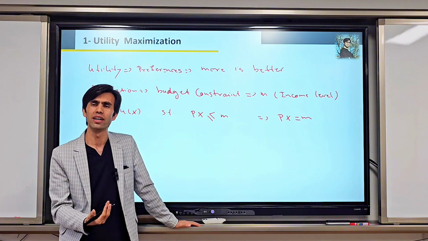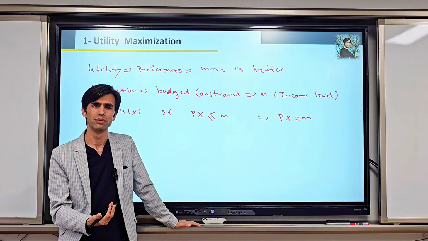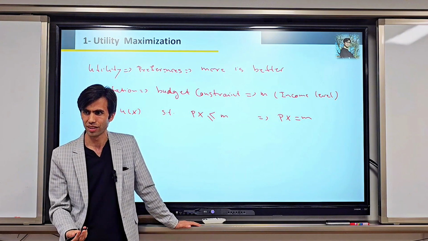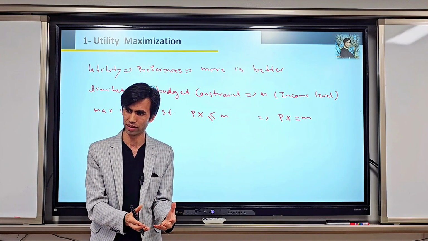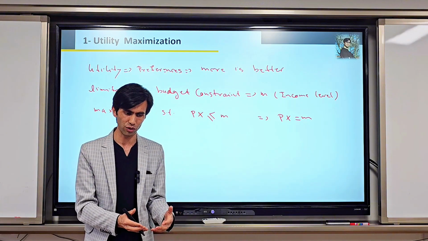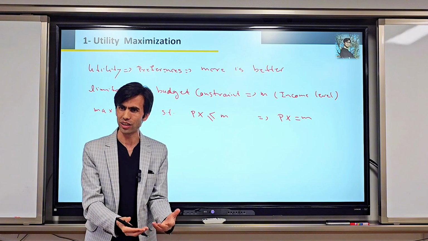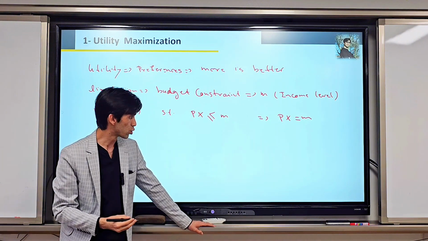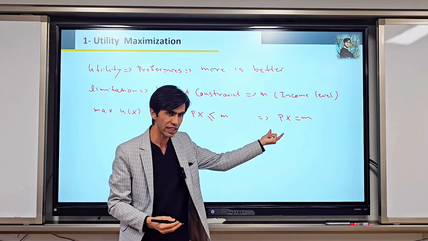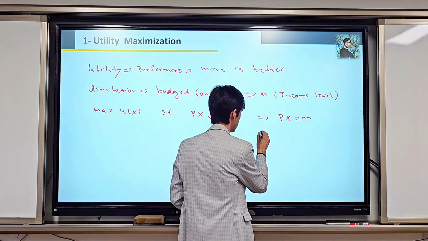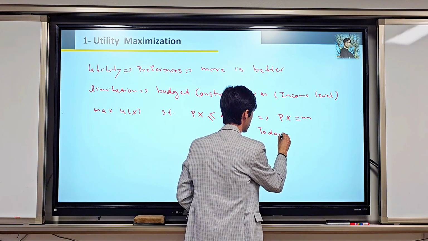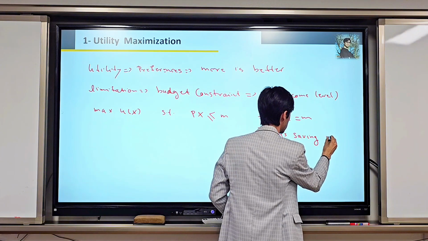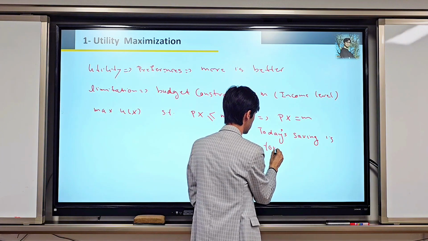For example, one of the savings we think about is pension, the money that we collect for our retirement. We save now in order to consume when we get to be 65 years old. So why don't we think about saving? Because today's saving is tomorrow's consumption.